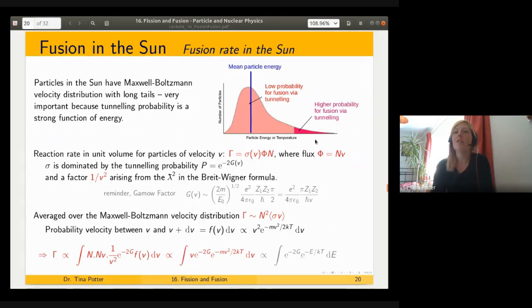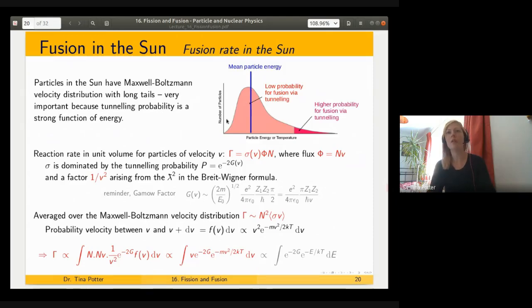So these higher energy ones could even have enough energy to overcome the Coulomb barrier, but they'll have a higher probability for fusion with the tunneling because the barrier will be lower to them. And then the lower energy protons, they've got lower energy, the barrier will look quite high to them, so they'll have a lower probability for tunneling.